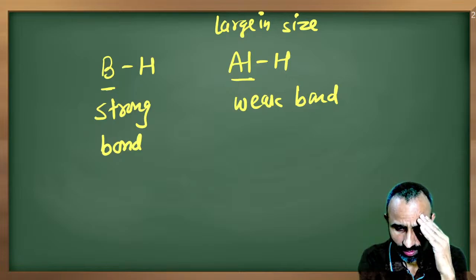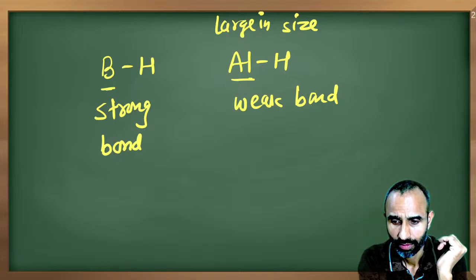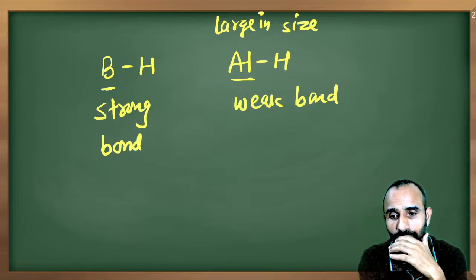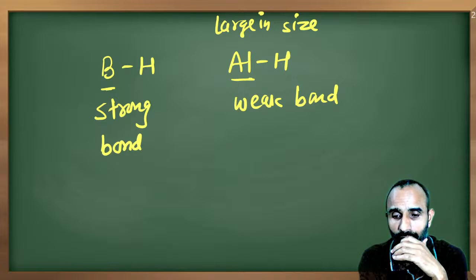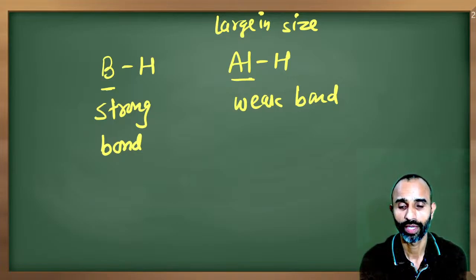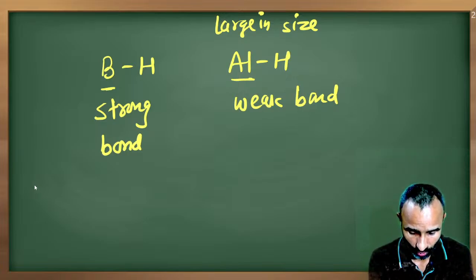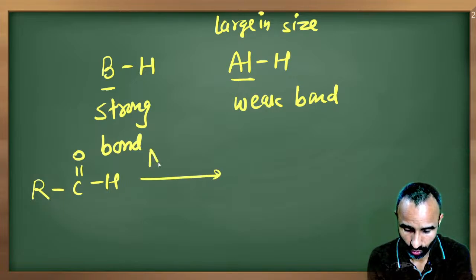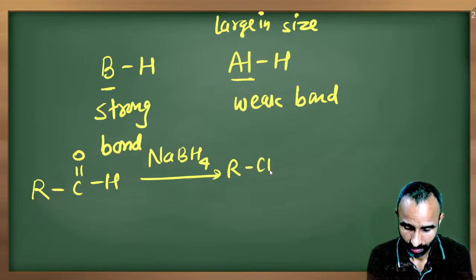Which one? Alcohols. It is like, say, if we have aldehyde, and we use sodium borohydride, we get CH2OH, we get primary alcohol.